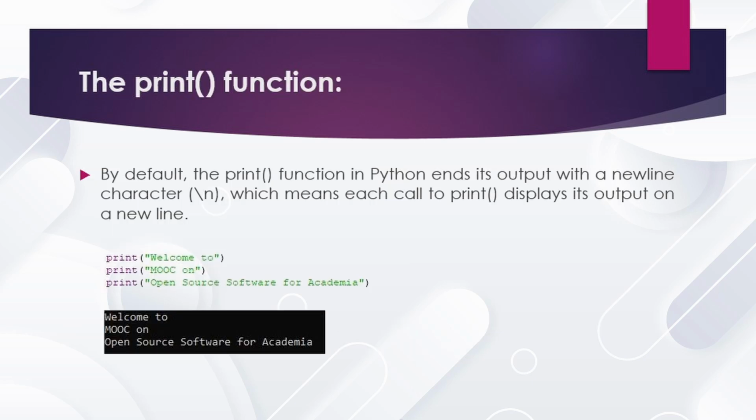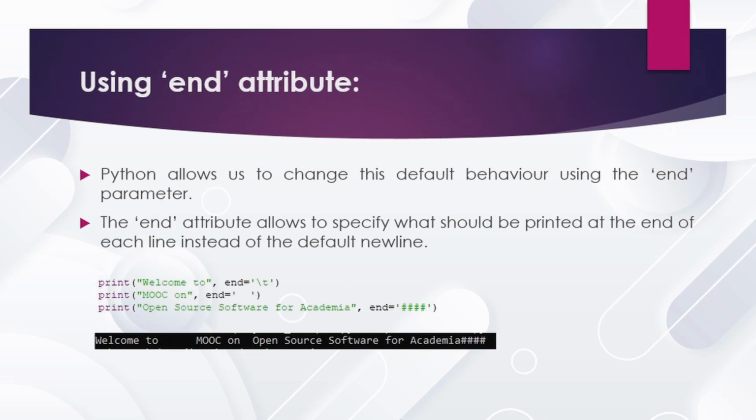By default, the print function in Python ends its output with a new line character, which means that each call to the print function displays its output on a new line. This can be seen from the example here, where each string is displayed in a different line at the output. However, Python allows us to change this default behavior using the end attribute.